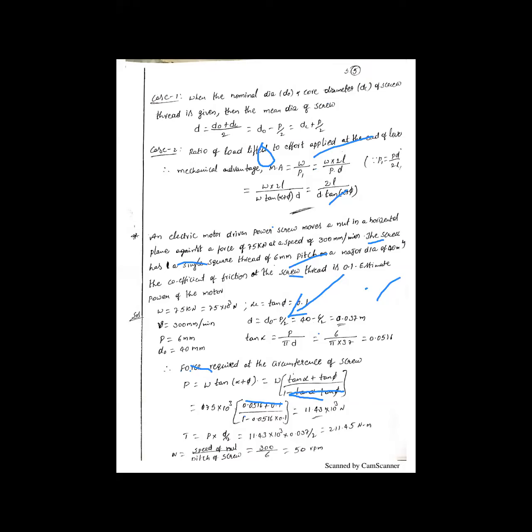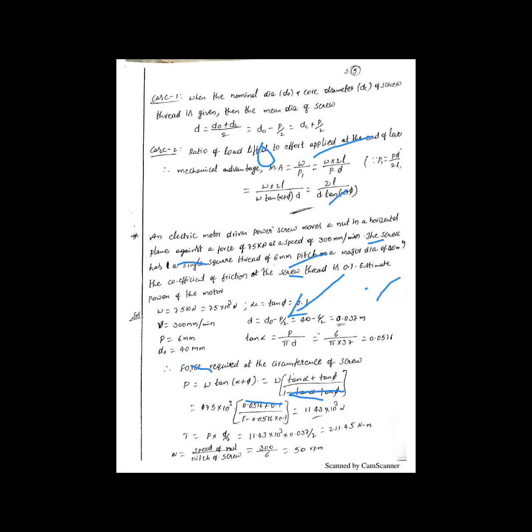The first one is when the nominal diameter and core diameter of the screw thread are given, so the mean diameter of the screw is D equals D0 plus Dc by 2, that is, outer diameter and core diameter. That is also written as D0 minus p by 2, or Dc plus p by 2, whichever applies.